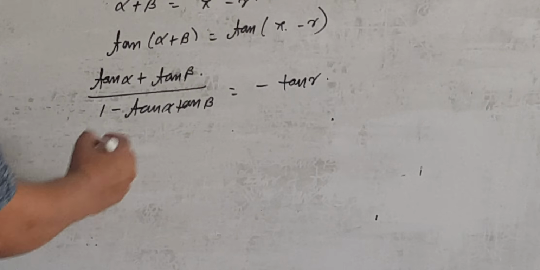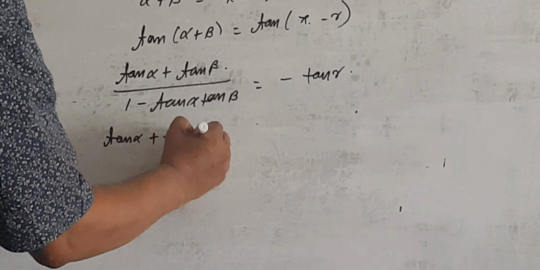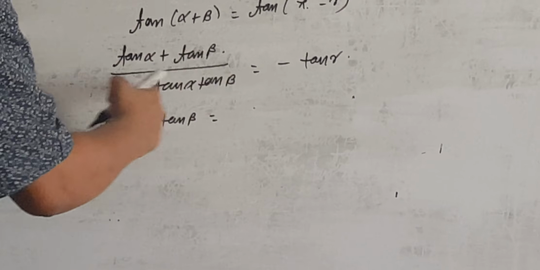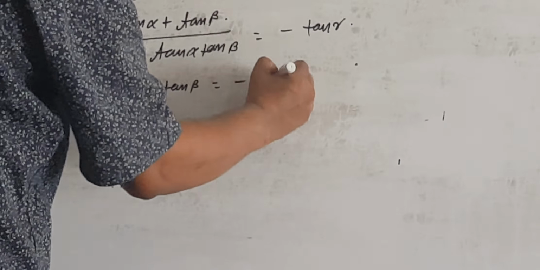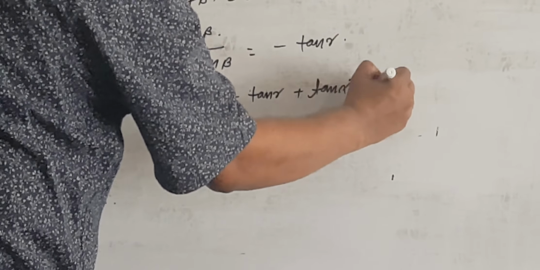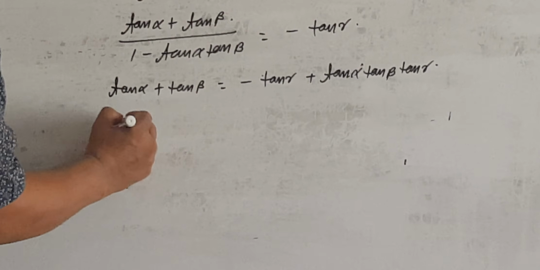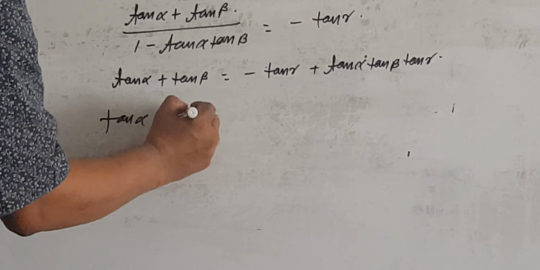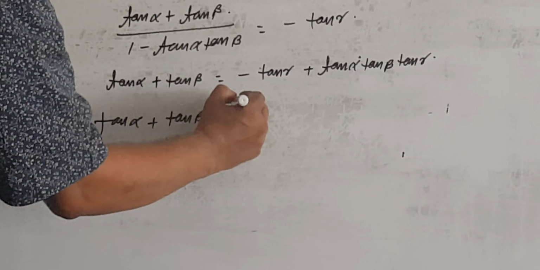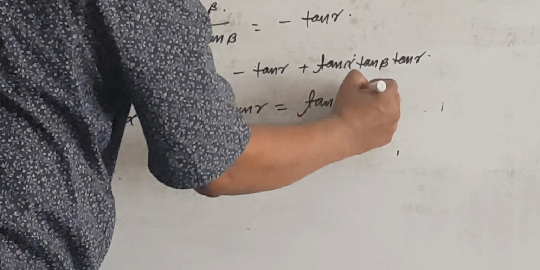We take the denominator to that side, so tan alpha plus tan beta is minus tan gamma multiplied, so minus tan gamma plus tan gamma tan alpha tan beta. This tan gamma we take to the left hand side. So tan alpha plus tan beta plus tan gamma is equal to tan alpha tan beta tan gamma.